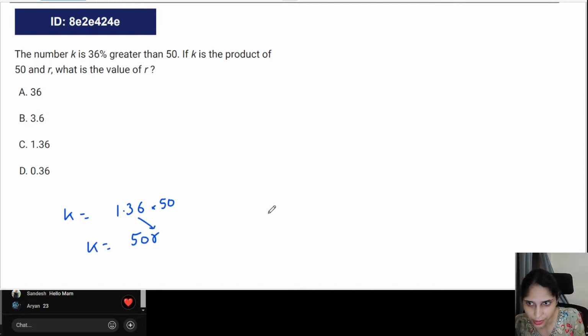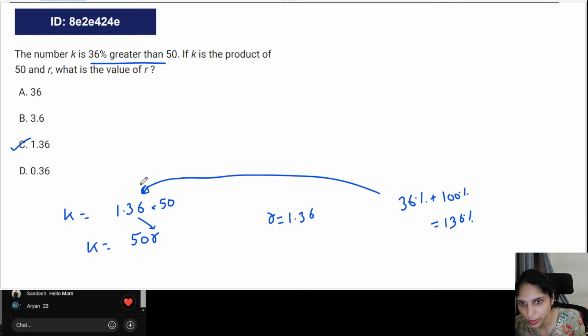So upon comparing, r has to be 1.36. All of them are the same question. Increasing by, greater than, that means it is going to be 36% plus 100%, 136%. That is why we are multiplying with 1.36. You don't need to find anything, because you're multiplying 50 with 1.36 and 50 with r, so r has to be 1.36.